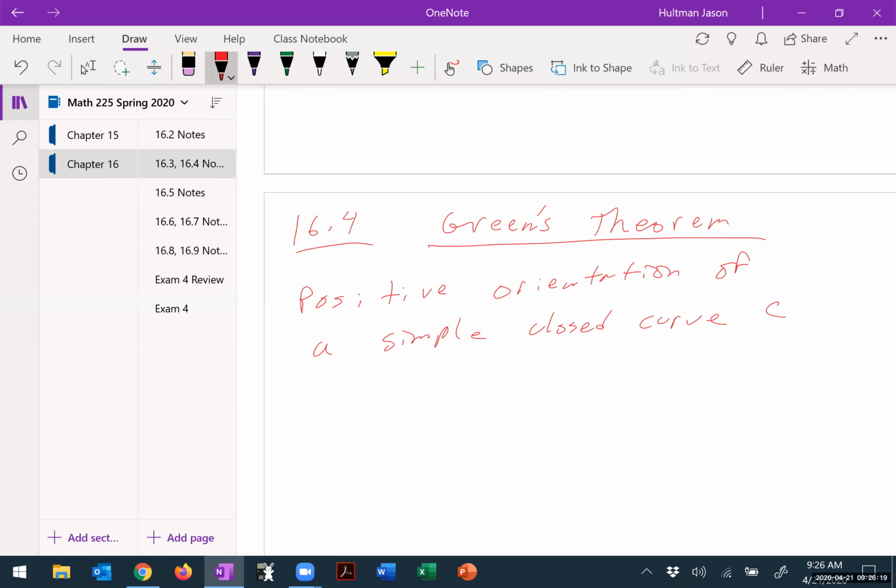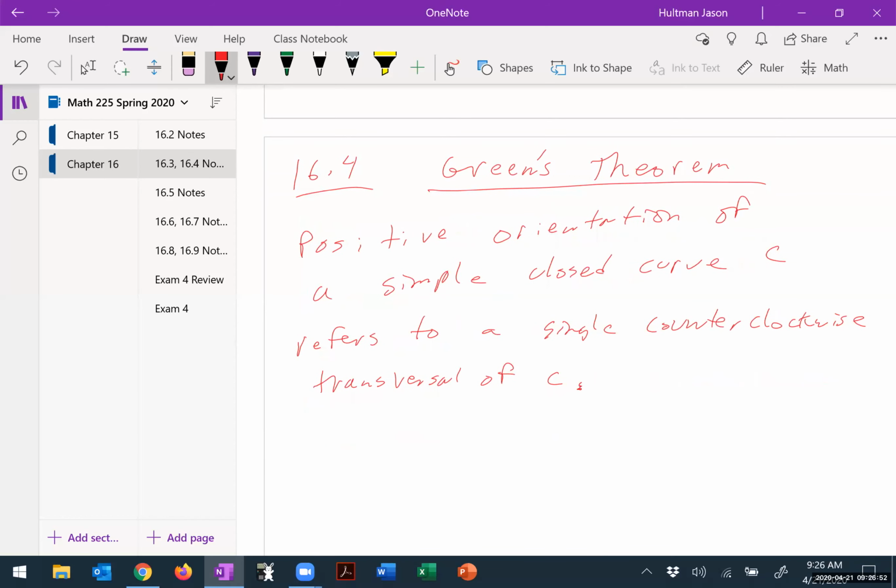C refers to a single counterclockwise transversal of C. Okay, counterclockwise.